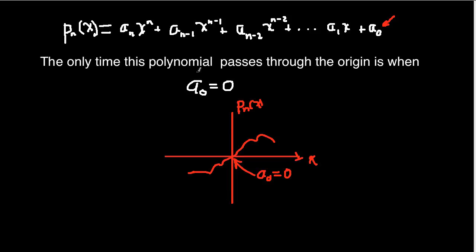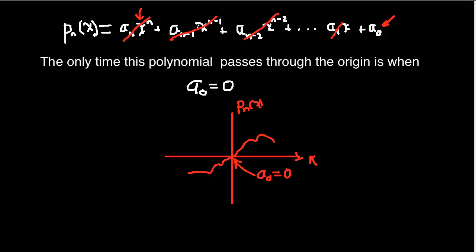Otherwise, looking at this equation, whenever we set the value of x equal to 0, this term becomes 0, this term becomes 0, and any term in the equation that is multiplied by some power of x drops out.